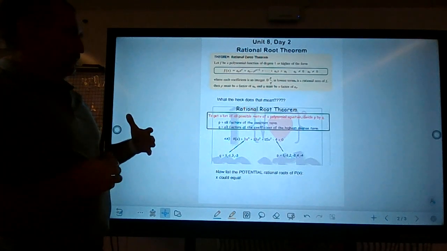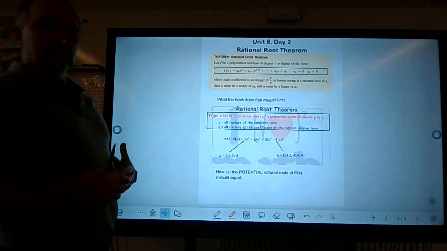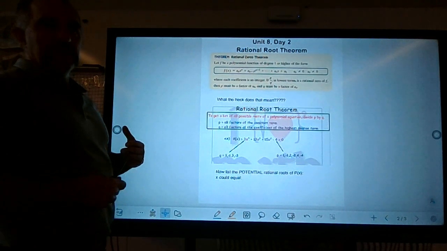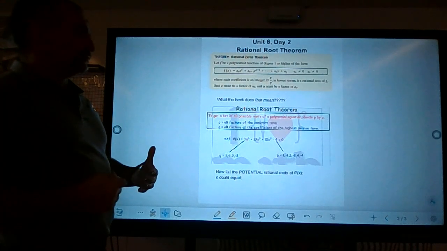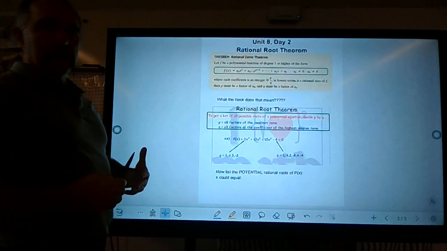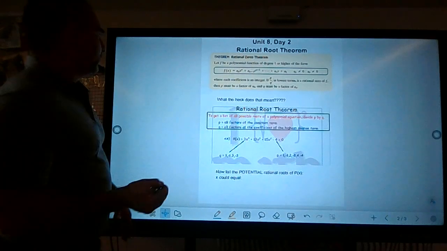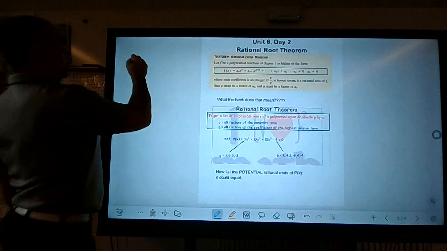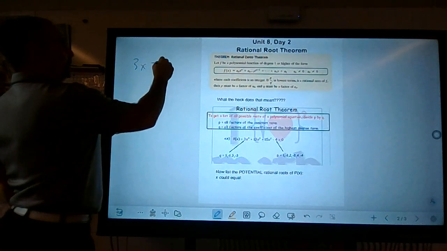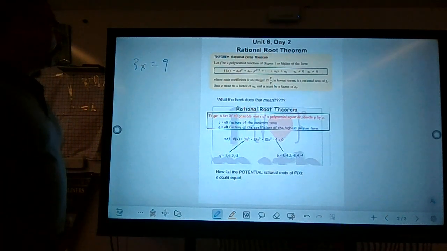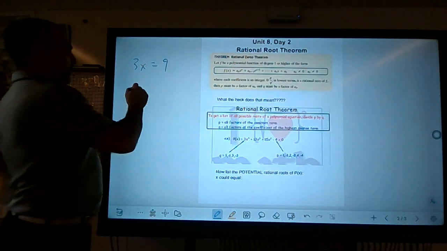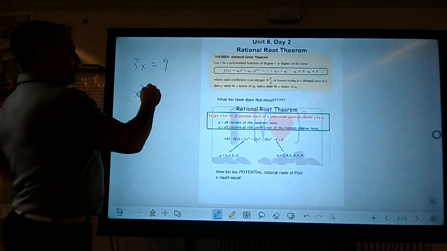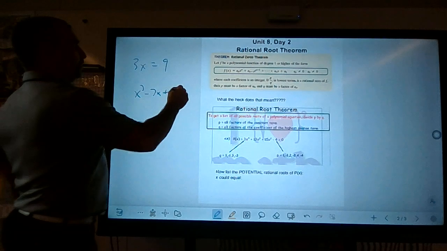So basically, the rational root theorem is another method that we have for solving some equations that are kind of complex. If you think about what we've learned throughout your high school and middle school careers, you get an equation like 3x equals 9, you divide both sides by 3. You get an equation like x squared minus 7x plus 12 equals 0.